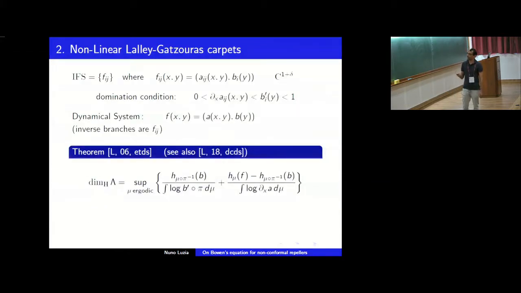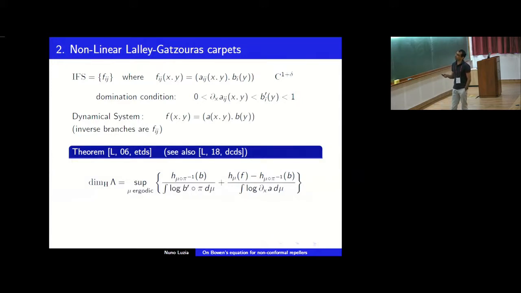So we have the analog variational principle here. So here is the entropy of a measure, okay, projected in the vertical space, okay, B, over its corresponding Lyapunov exponent. Here is the other dimension of the fibers.